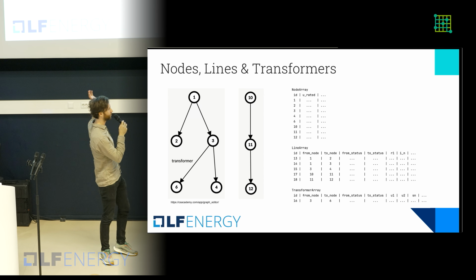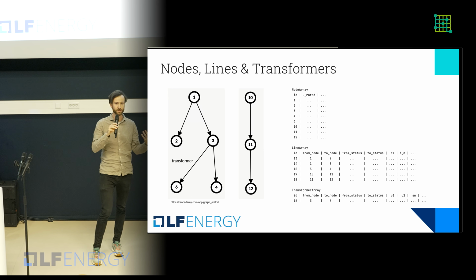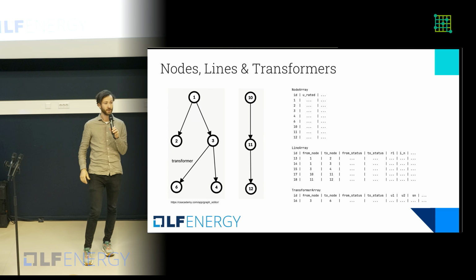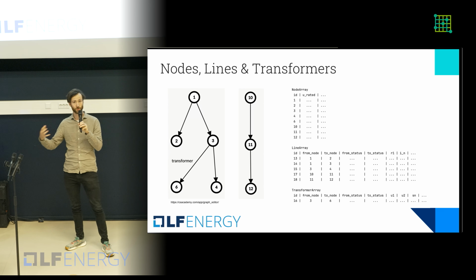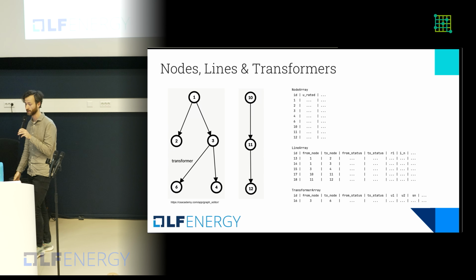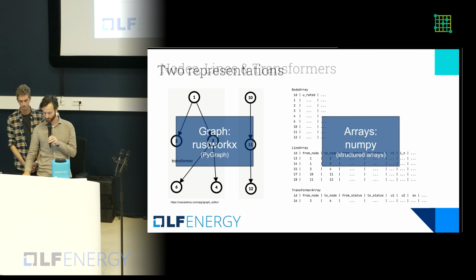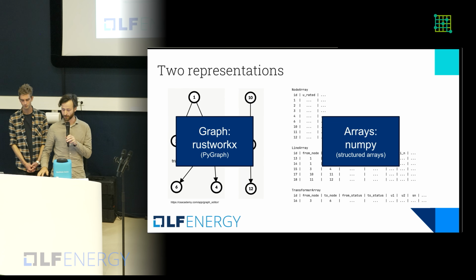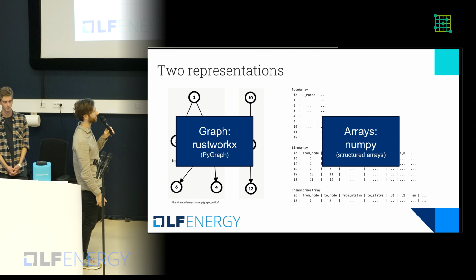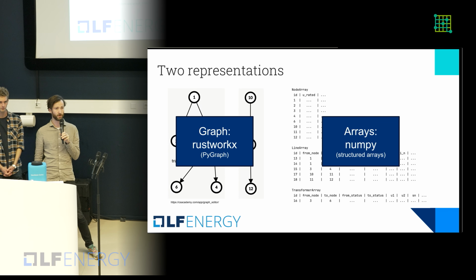On the other hand, we have the grid represented as a graph structure in which we can analyze and modify the structure, which combined allows us to answer a lot of questions regarding the network we are analyzing. So we are extending NumPy on the one hand, and on the other hand, we're using the Rustworkx framework for high-performance graph analysis.